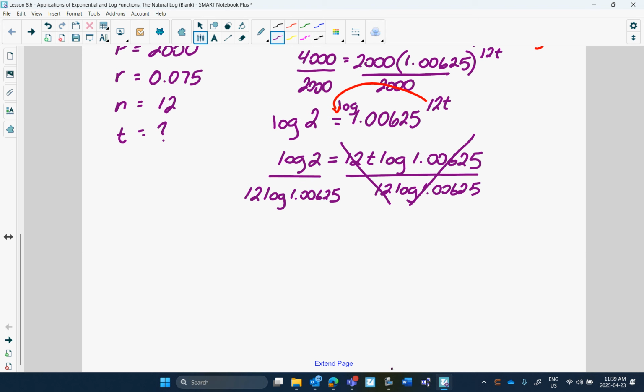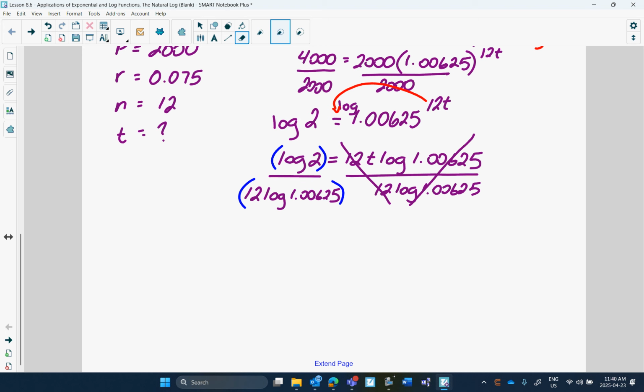Now I need my calculator. Remember, when we are dividing, we have to think parentheses around the top, parentheses around the bottom, and then divide. So you should put those in when you do it on the calculator. For example, what I would do: open parenthesis, log, and then it opens another set.